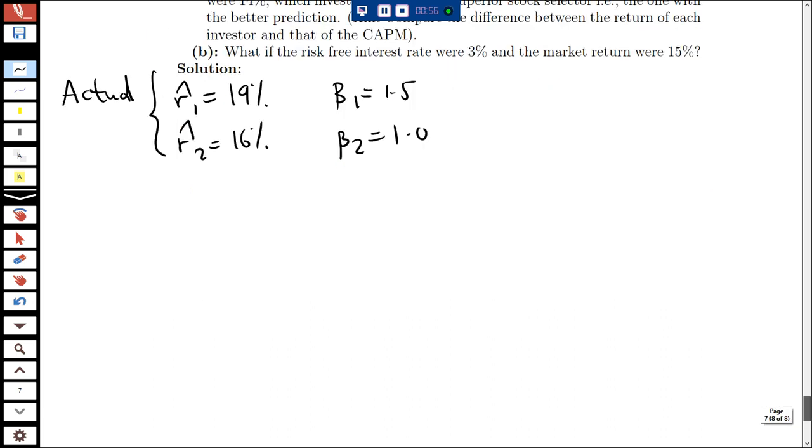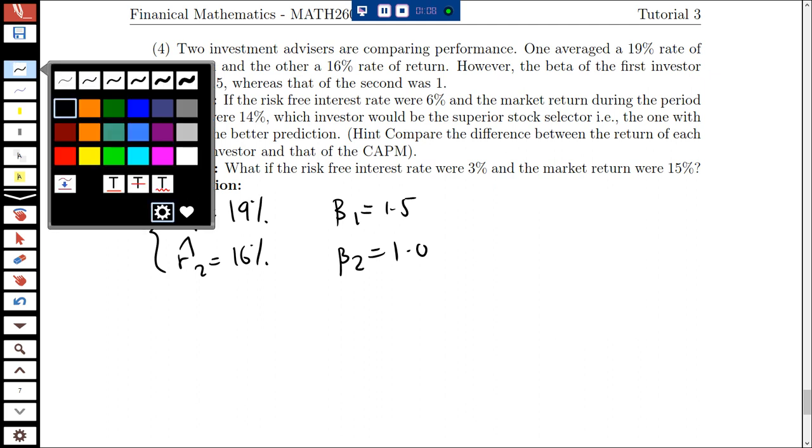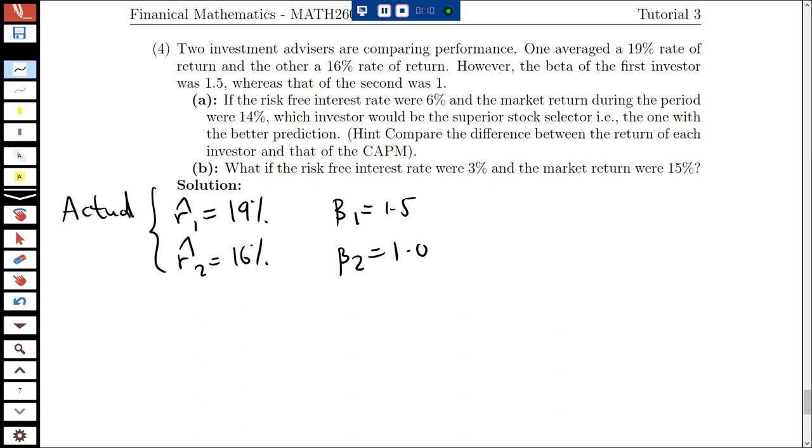Let me just move the screen a bit. So the risk-free rate is 6% and the market rate is 14%.